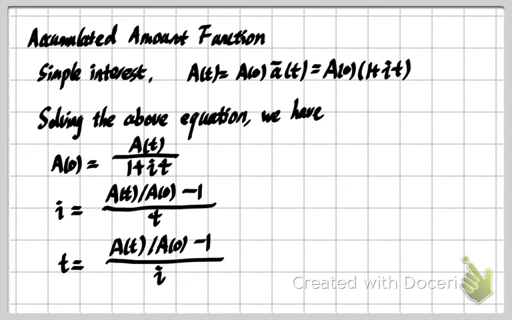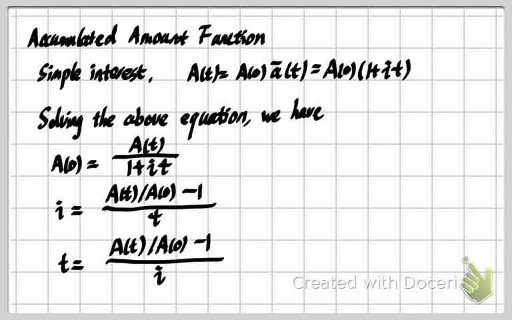Okay, so in this video, we learned what simple interest is, which is a really important interest rate, especially because later we will start to introduce bonds, which in general always use simple interest. We also compared simple interest and compound interest. And one more thing is that we gave the formula to compute the accumulated amount function.